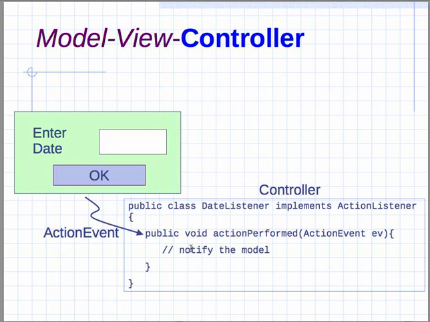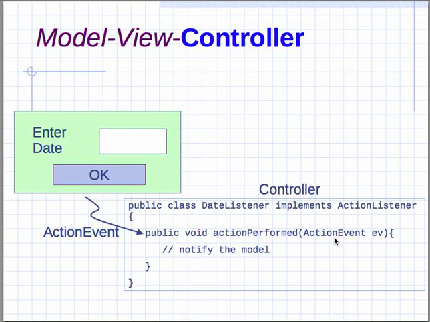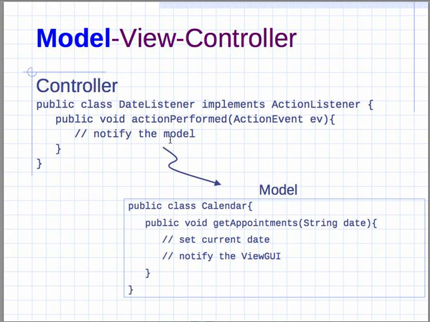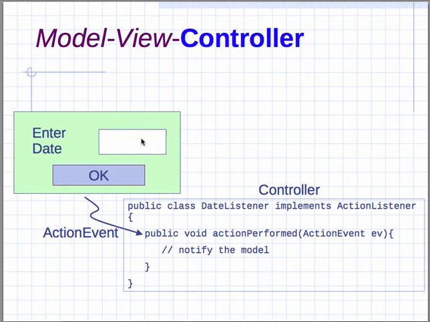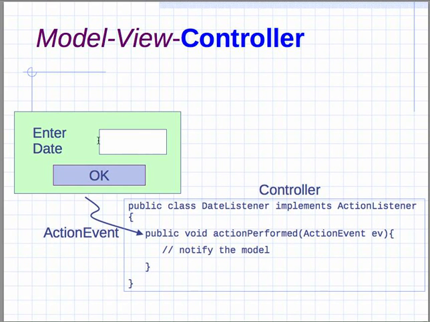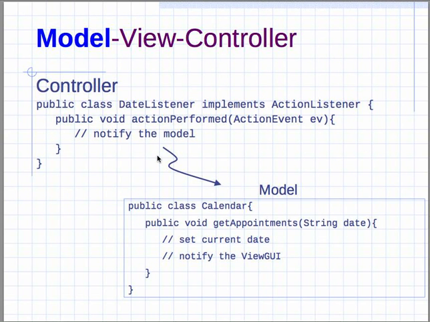So how do things usually work? In a Java graphical user interface, you might have a dialog box that says enter date. This would be a controller. You click on OK, and that triggers the actionPerformed method being called. You're all familiar with actionPerformed, I hope. That method gets some text from this text box, which would also be part of the controller.